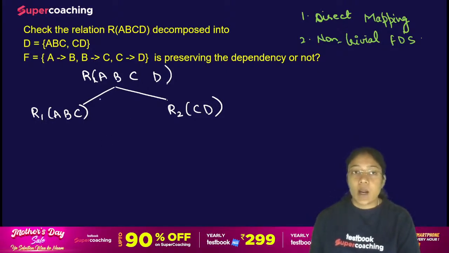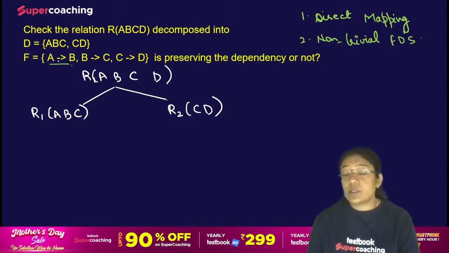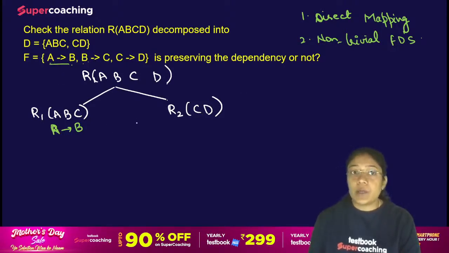So method 1 is saying that consider the first functional dependency, that is A determines B. A determines B is containing two attributes. Simply देखो कि दो attributes आ रहे A B और कौन से सब relation में आ रहे R1 में आ रहे. So this means that A determines B is preserved by R1. B determines C. C R2 में भी आ रहा है, but B और C दोनों किस में आ रहे हैं?